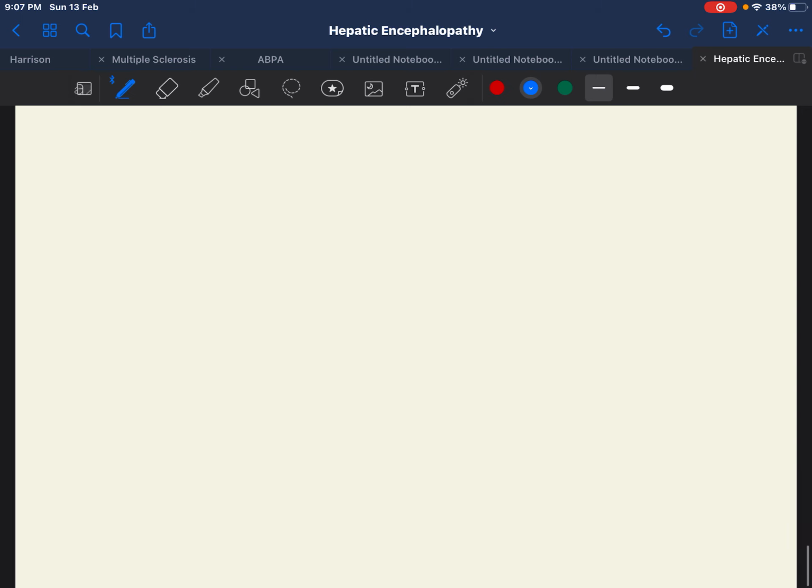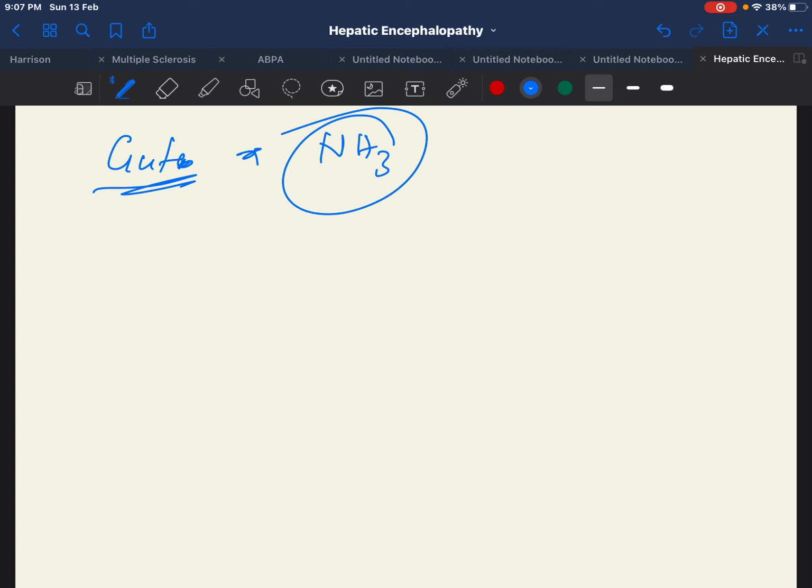Now, how ammonia leads to hepatic encephalopathy: in our gut, ammonia is produced, and in a cirrhosis patient with portal hypertension, ammonia production is increased. How is ammonia production increased? There are mainly three reasons.